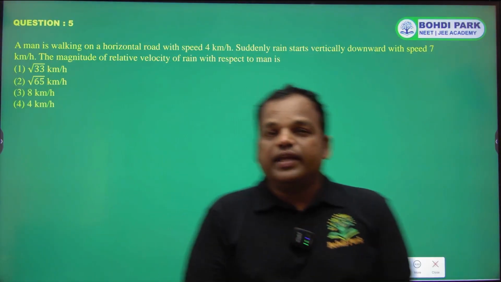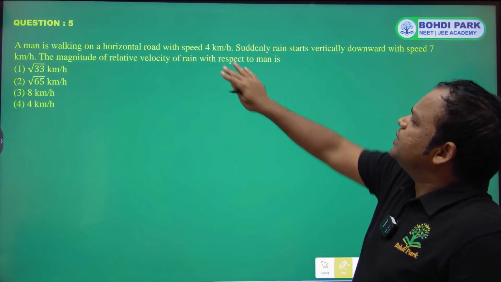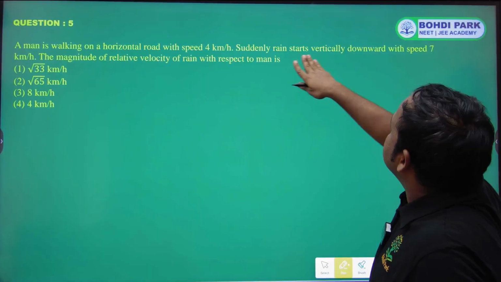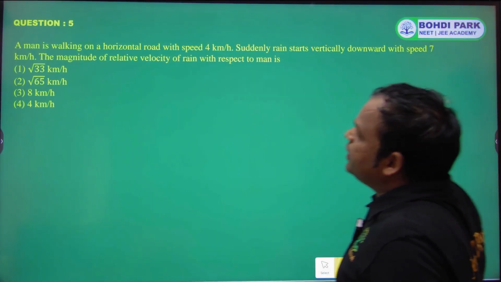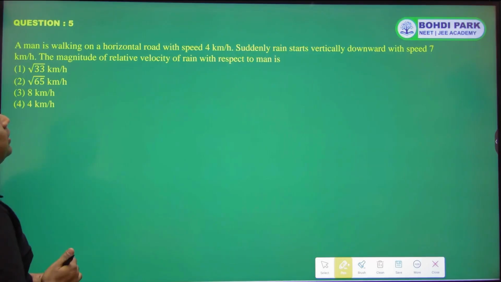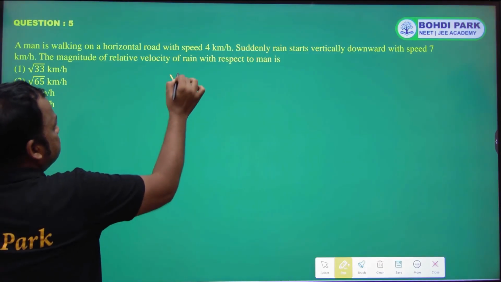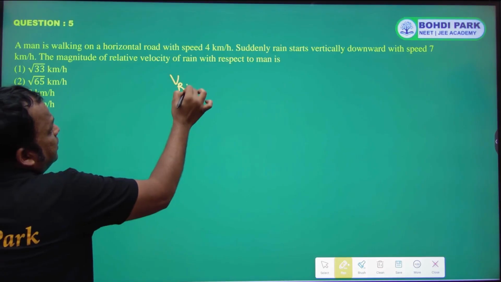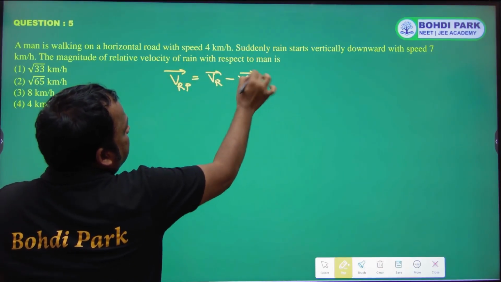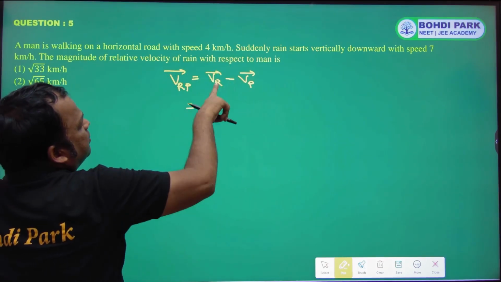Now question number 5. A man is walking on a horizontal road with speed 4 km/h. Suddenly, rain starts vertically downward with speed 7 km/h. Magnitude of relative velocity of rain with respect to person. So VRP vector is equal to VR vector minus VP vector. So you see the man is walking on the road with 4 km/h.